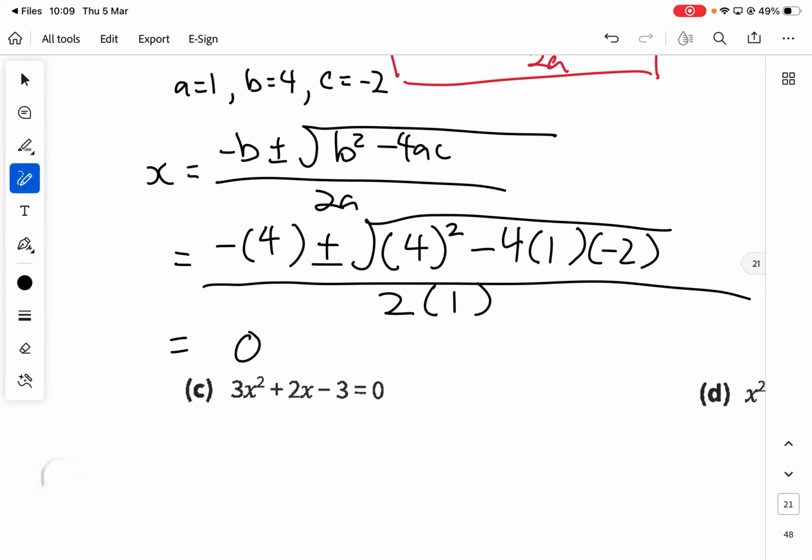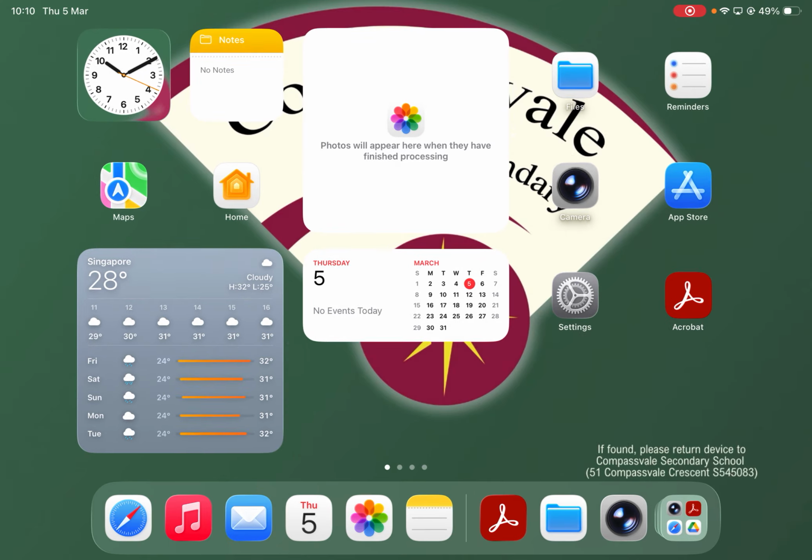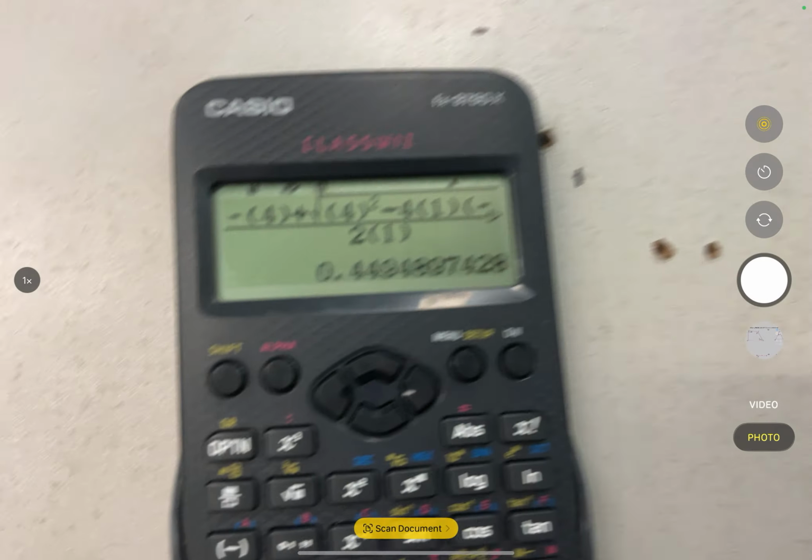Then I will go and copy down what is shown on my calculator. I copy down this answer already, but I must have plus and minus. There are two answers. So on my calculator, I don't erase all these answers first.